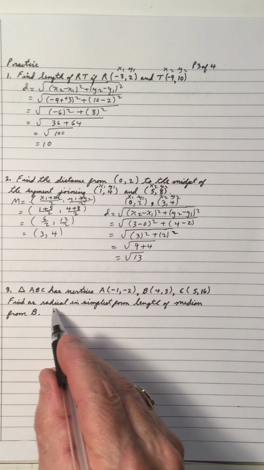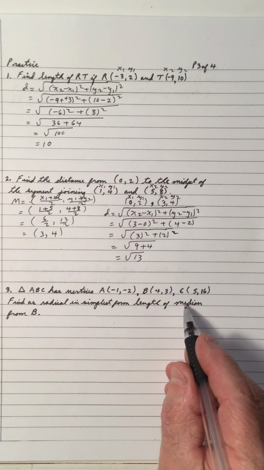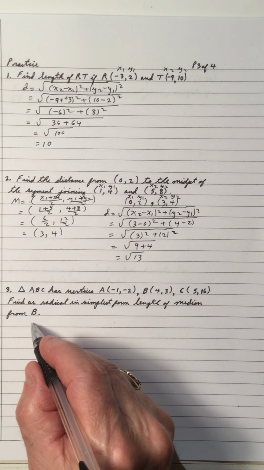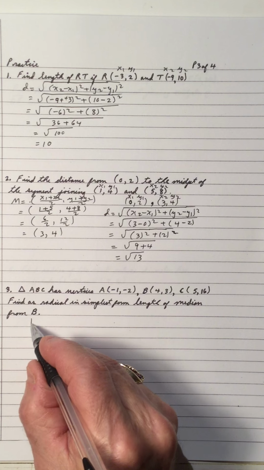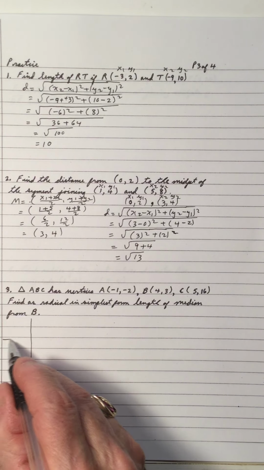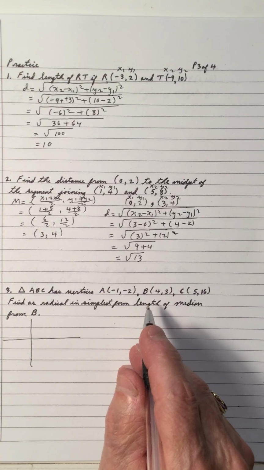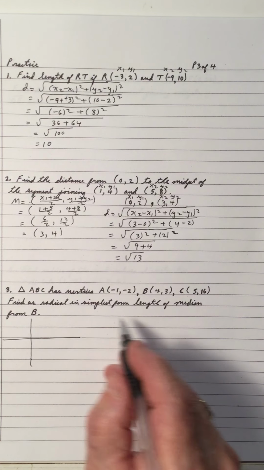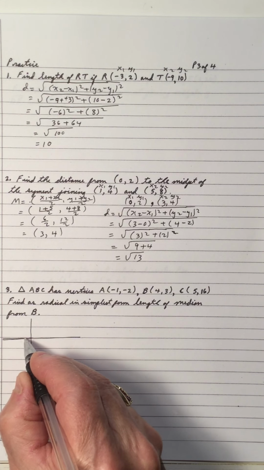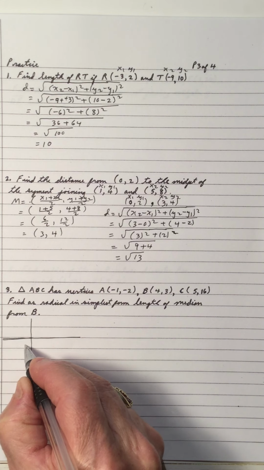16. Find, as a radical in simplest form, the length of the median from B. The length of the median from B. Just draw a little quick diagram here, just an approximation of what's happening. Okay, A is -1, -2, so pretend it's right there.